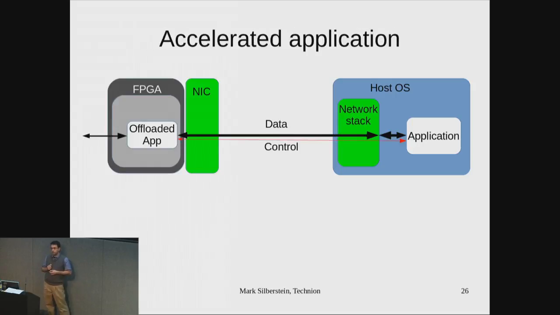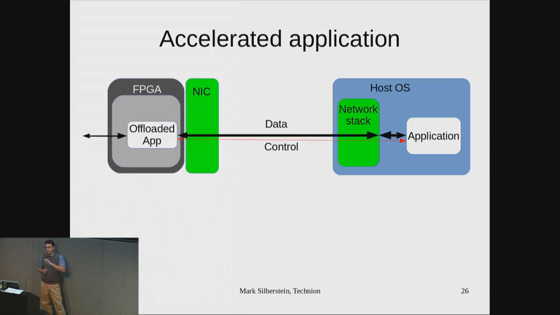If you really want to do what we want to do, offloading some part of the application logic, you really need to push part of the application into the NIC, so that now the application actually combines two components, one running in the NIC and another in the CPU.